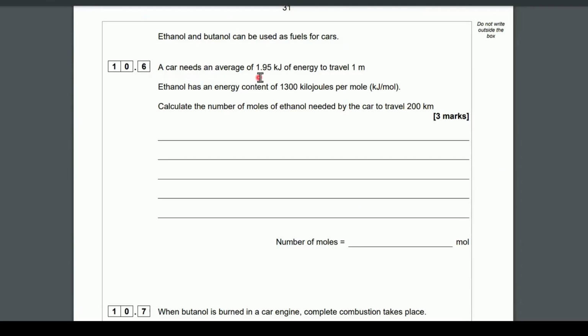10.6, a car needs an average 1.95 kilojoule energy to travel 1 meter. Ethanol has the energy content of 1,300 kilojoules per mole. Calculate the number of moles of ethanol needed by the car to travel 200 km. So this is just like a maths equation. Some of you will be a lot better than me at maths. So the fact that we got 200 km and 1 meter, I want to turn that into meters.